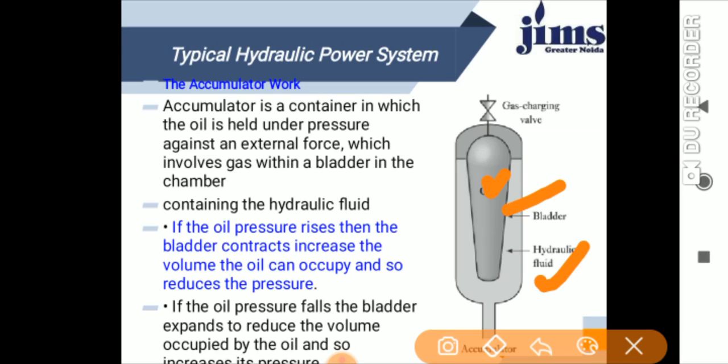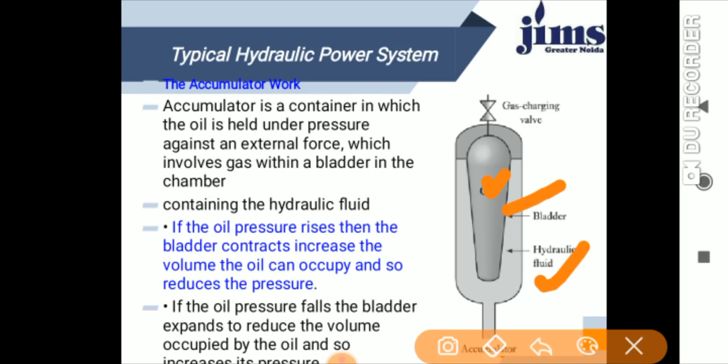So the accumulator is a kind of container in which the oil is held under pressure against an external force, and which involves the gas within a bladder in the chamber, and the chamber contains the hydraulic fluid.